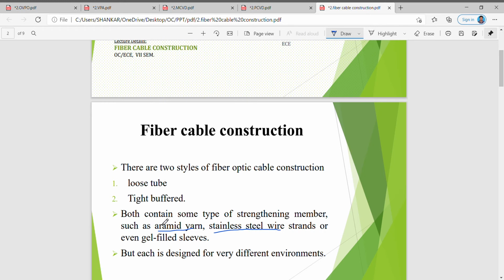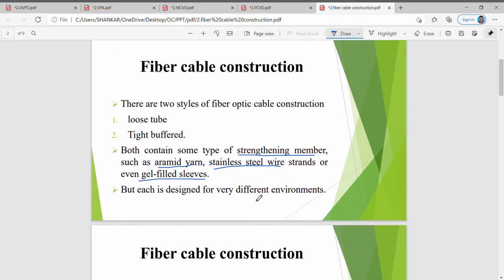So both contain some type of strengthening member such as aramid yarn, stainless steel wire, or gel filled sleeves. We construct the fiber cables by using these aramid yarn and stainless steel wire or even gel filled sleeves.